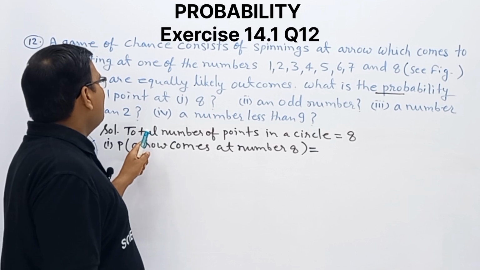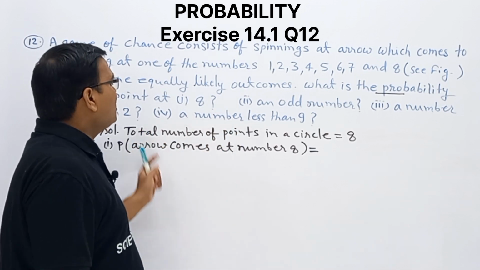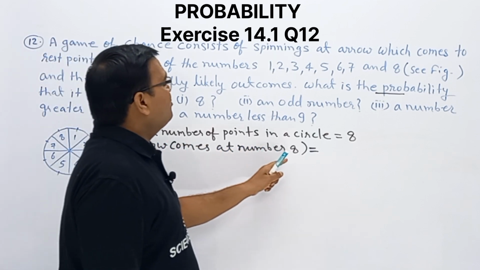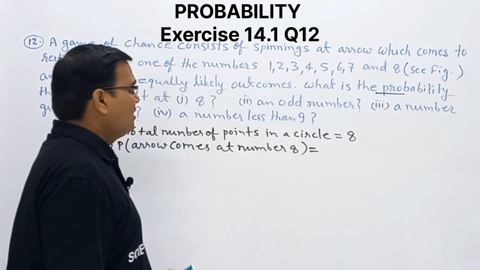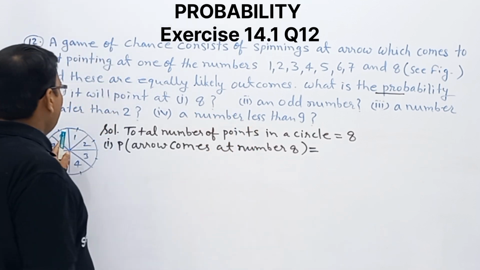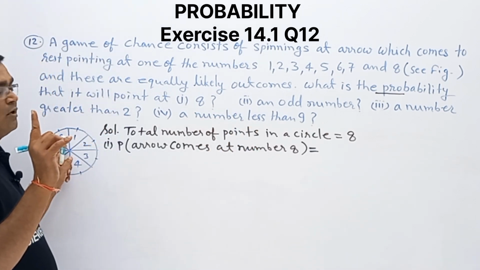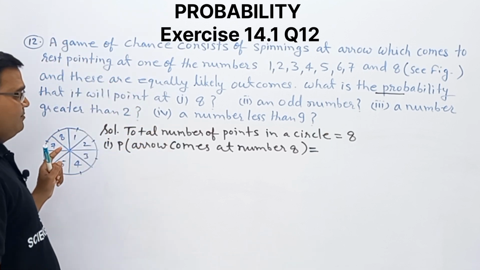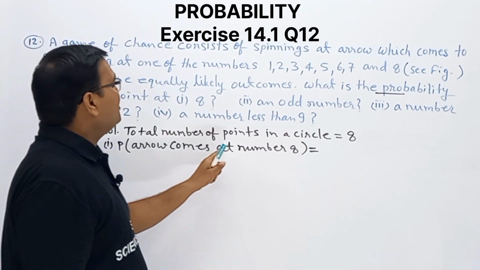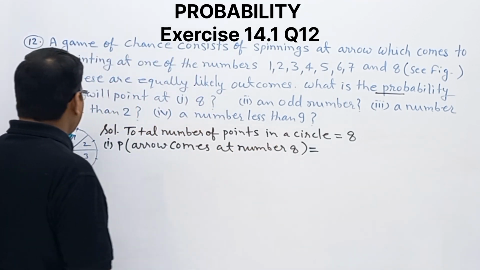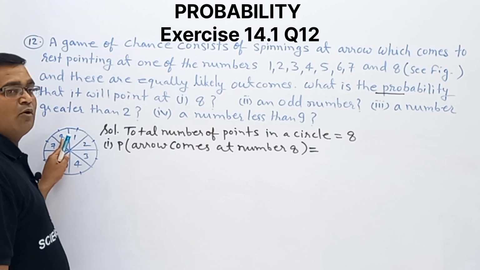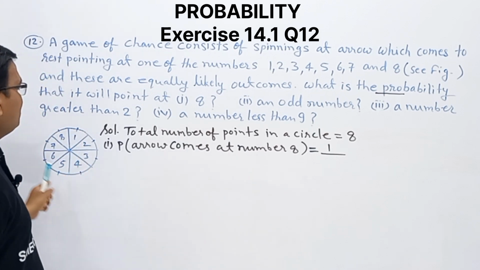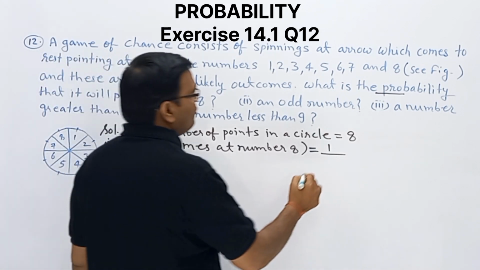Total possible outcomes are the total number of points, which is 8. The number of favorable outcomes is 1, because there is only 1 point at number 8.